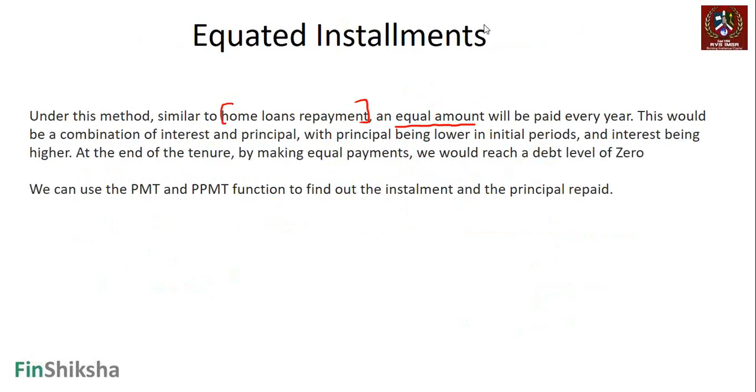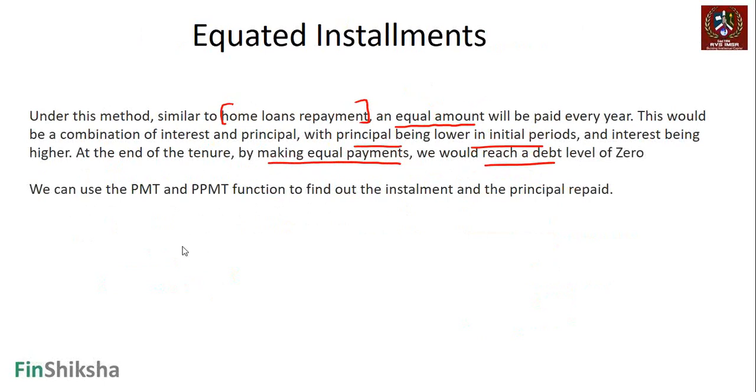This would be a combination of interest and principal, with principal being lower in initial periods and interest being higher, and then over a period of time the principal becomes higher and interest becomes lower as the loan amount keeps going down, right? At the end of the tenure, by making equal payments, we would reach a debt level of 0, right?